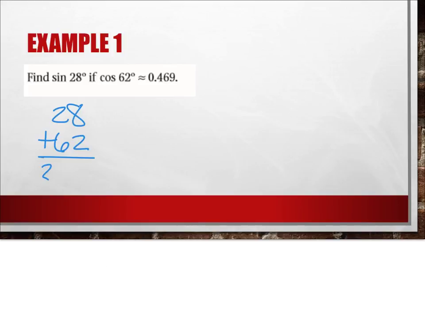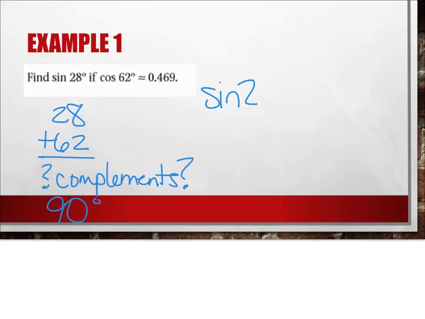We want to double check if those are complementary angles. 28 plus 62 is 90 degrees, so they're definitely complements. That means the sines and cosines of each other would be the same. So you can check it out on your calculator, but the sine of 28 degrees will be 0.469, simply because the cosine of that complementary angle is 0.469, and that's all there is to answering it.